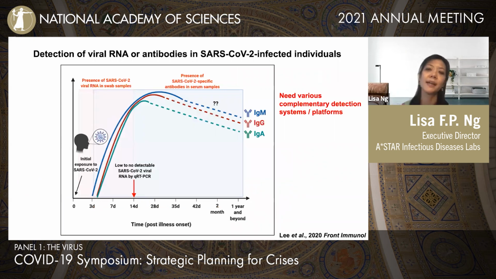Now, we all know that in the area of diagnostics and detection, no one method will be the only method. We need various complementary detection systems that will enable us to detect the virus or even the presence of antibodies in the patients at different times.